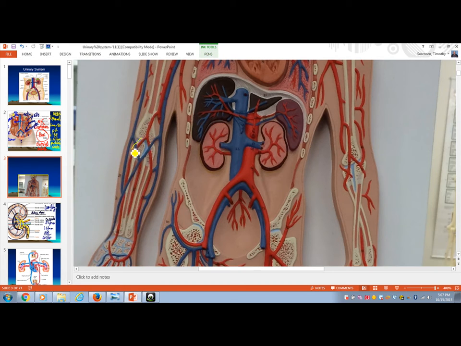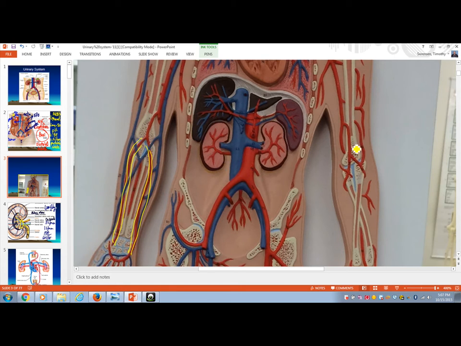Then the right brachial artery branches off into the right radial artery and the right ulnar artery. And it forms an arch called the arcuate artery, and then you have little divisions that supply the hand.